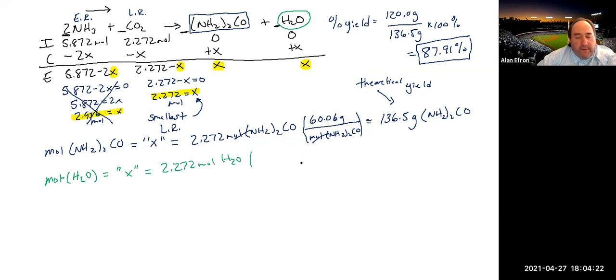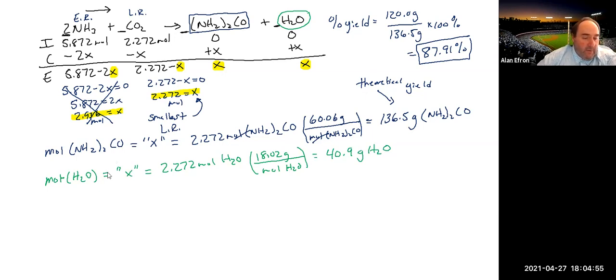Again, going to the periodic table and getting the molar mass of water, which is 18.02 grams per mole, we can, in a very quick period of time, figure out that in addition to 136 grams of the other product, we would also make 40.9 grams of water in this reaction as well. That would be the theoretical yield of water.